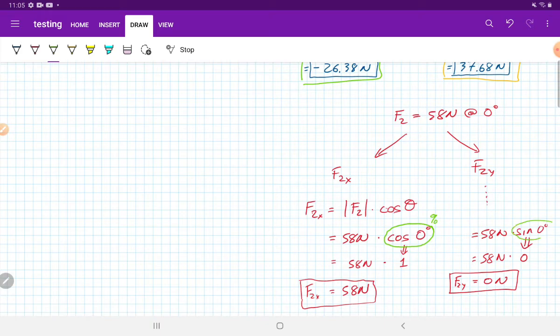If this value is 0, it means that 0 of this force is contributing. F2y is equal to the magnitude of the force times the sine of the angle. That sine and cosine part is basically a number between 0 and 1 that tells you the percentage of the original force that contributes along the axis, whether it's the x-axis or the y-axis.